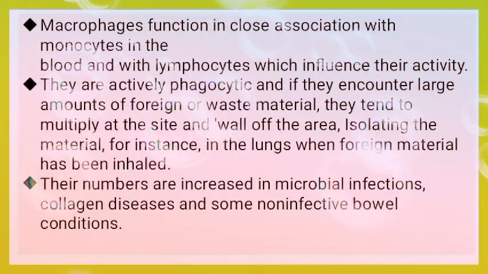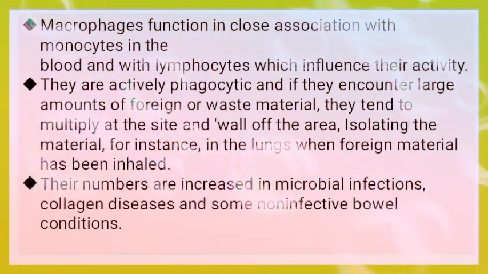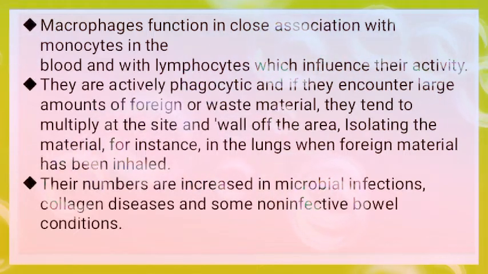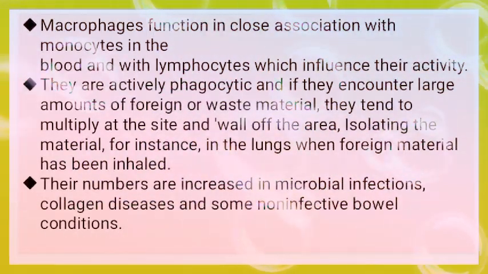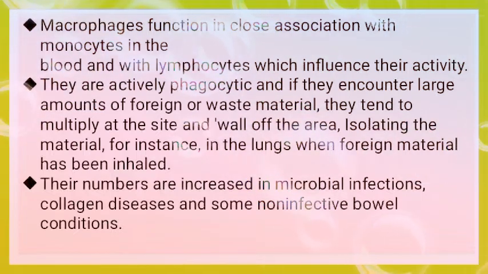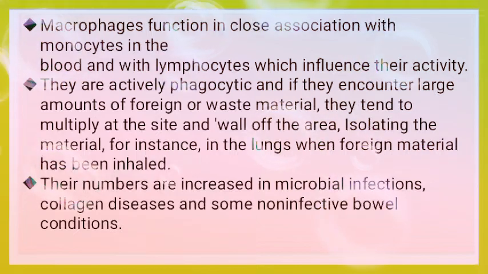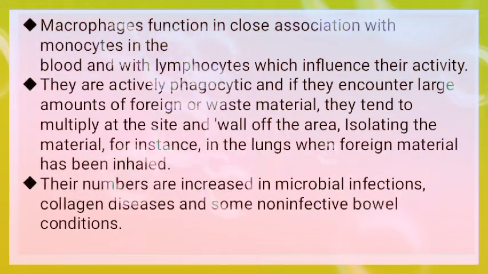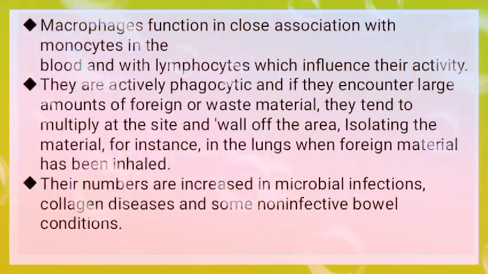So the macrophages function in close association with the monocytes, those that are found within the vascular system, and also the lymphocytes, which actually influence its activity. And they are actively phagocytic, and if they encounter a large amount of foreign or waste material, they tend to multiply at the site of infection or injury and wall off the area.